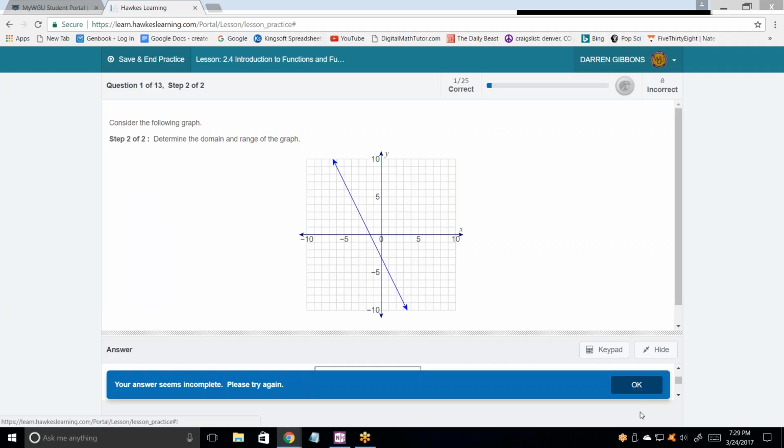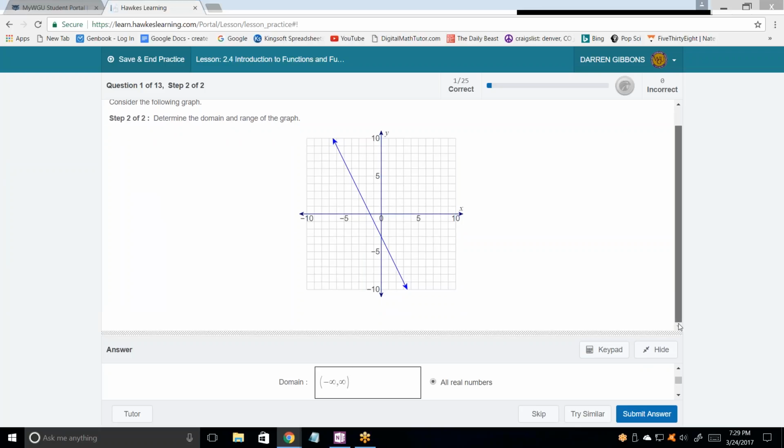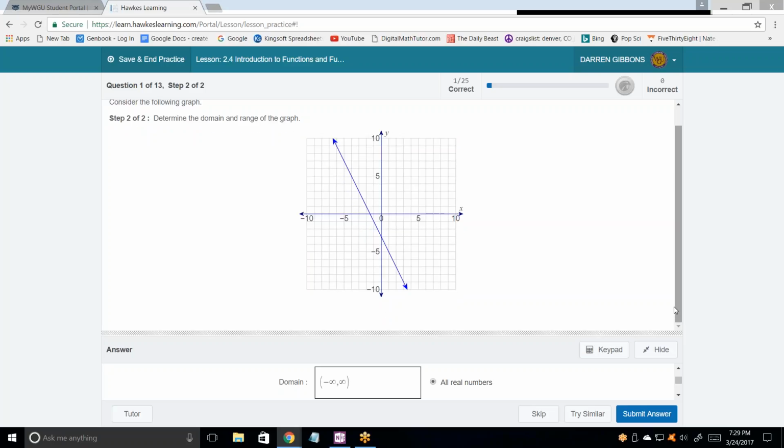All real numbers. Your answer seems incomplete. Please try again. Do you have to put the range in as well? Maybe. Scroll down. I don't have a scroll bar anywhere. You see where it says about submit answer on the right, just above that. Yeah, you're right. It wanted range also.